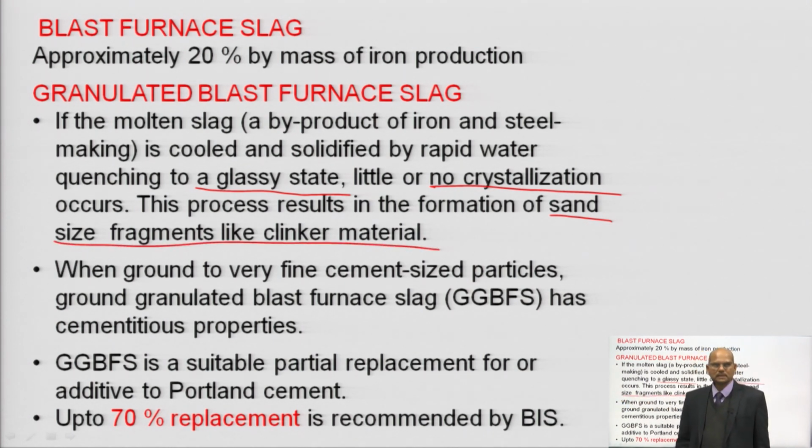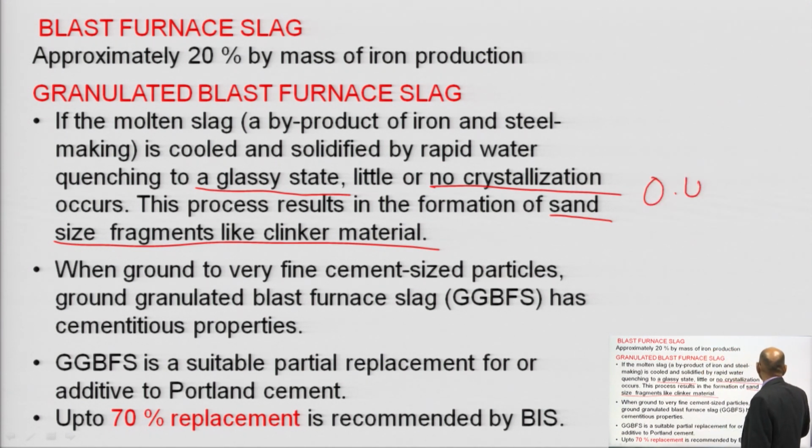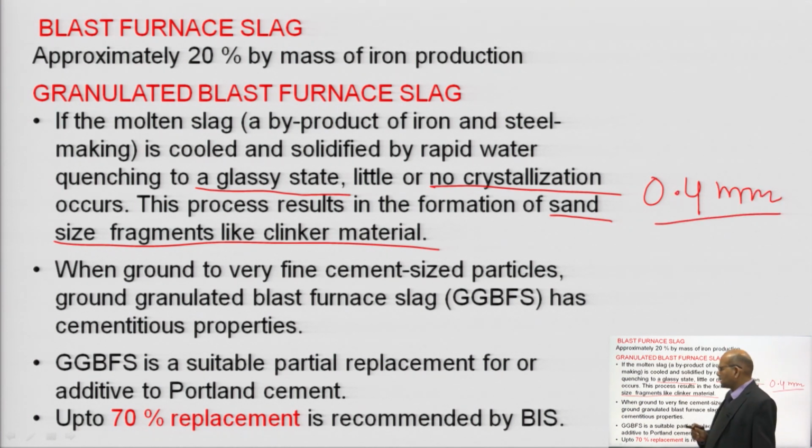This clinker material has a size of about 4 mm. Then we have to grind it, otherwise its surface area is very low, around 500 square centimeter per gram, and it will not be able to react properly.